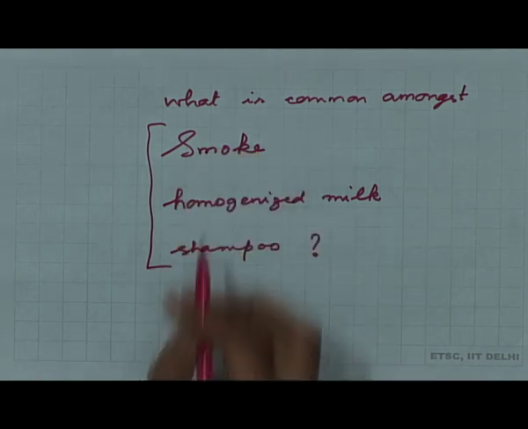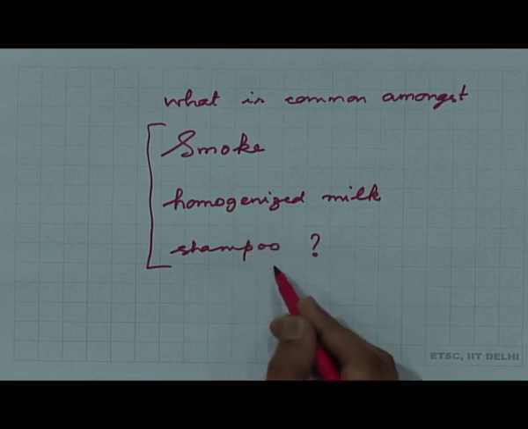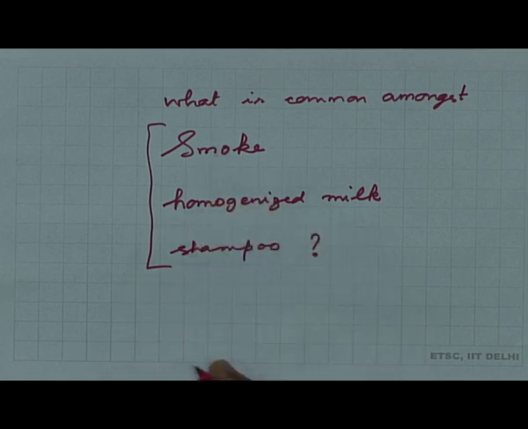Is there anything common to smoke, homogenized milk, something that we drink, and shampoo that we use to cleanse our hair, for example, seemingly unconnected things? These three things, which appear to us to be unconnected, are all examples of what are called colloids.